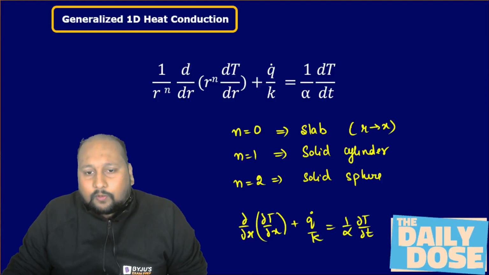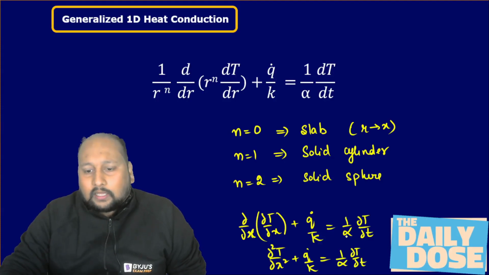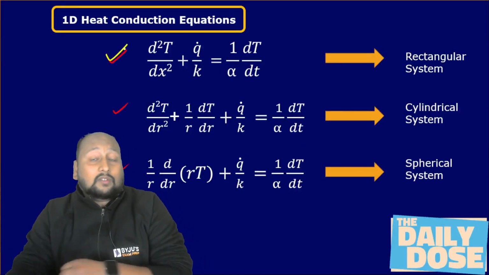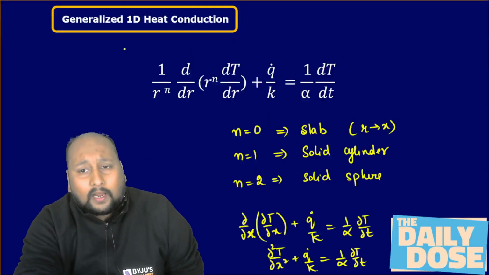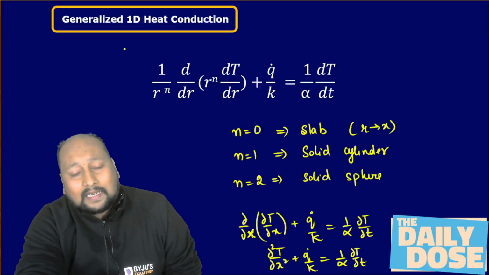So we can say this is del 2T by del x square plus q dot by k is equal to 1 upon alpha del T by del t. The same equation you are getting here is for the rectangular system, that is for a slab. Similarly, if you put n equal to 1 and n equal to 2, you can get it for the solid cylinder and solid sphere.